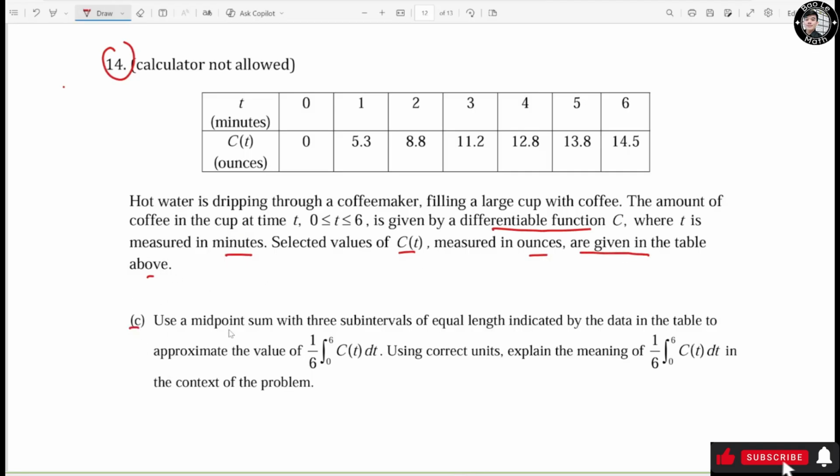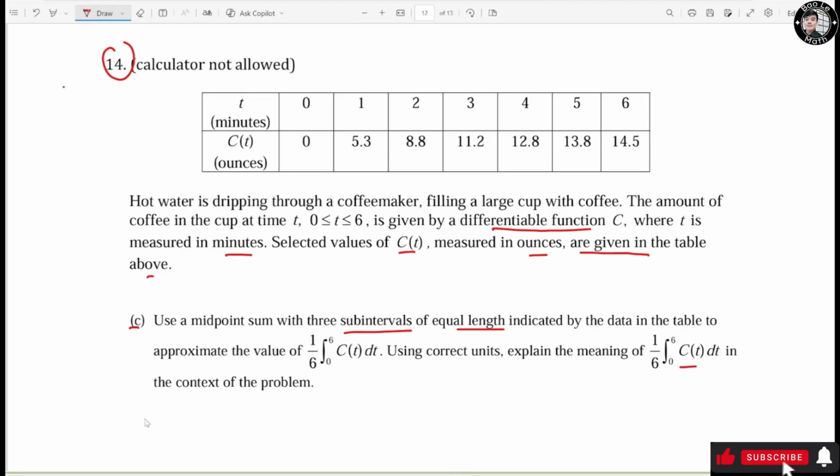Question C: use a midpoint sum with 3 subintervals of equal length indicated by the data in the table to approximate the value of the integral from 0 to 6 of c of t dt divided by 6. Using correct units, explain the meaning of this value in the context of the problem.